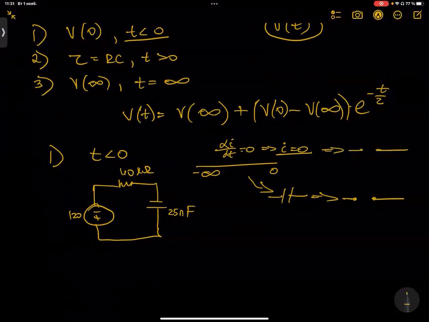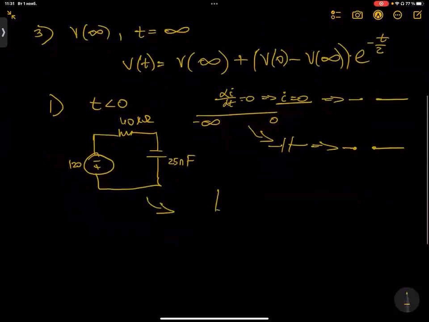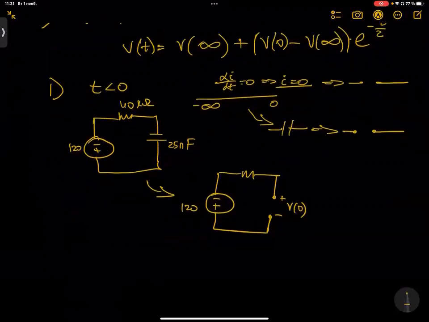So I'm redrawing this picture: minus plus 120, this resistor, open circuit, plus minus V0. In this case, the voltage here equals V0. So we have to find V0 from this diagram. V0 is going to be minus 120. Let me prove it.